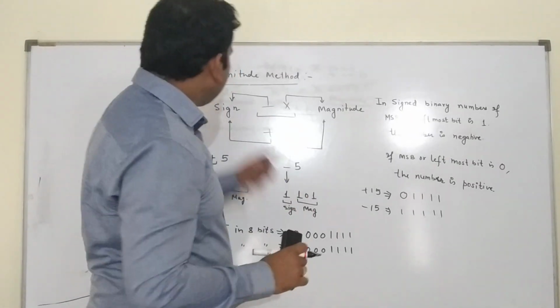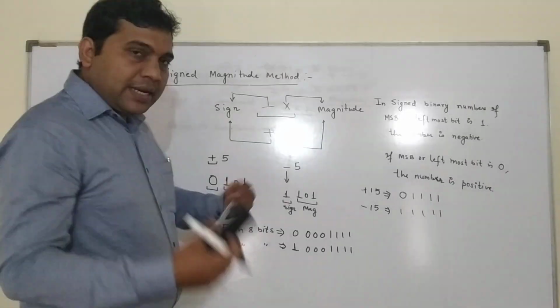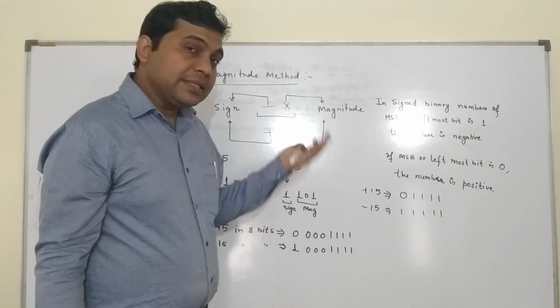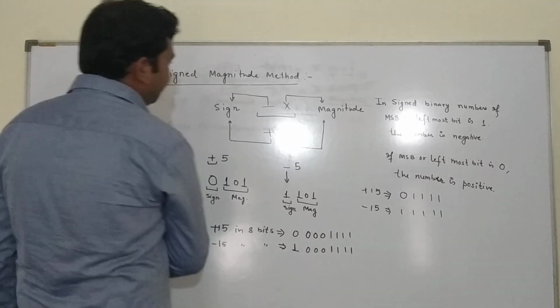So I think the sign magnitude method is clear to all. Now, another method to write negative numbers in the binary number system is the signed ones complement method.